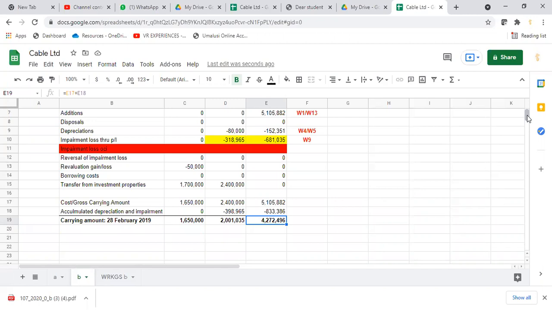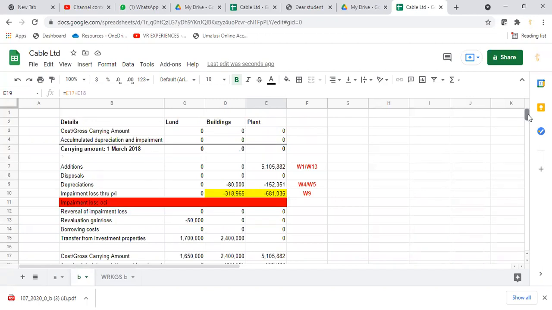When I say broad, they tested decommissioning, they tested component approach, they tested the cost of an asset at initial recognition. They tested impairment, they tested revaluation, they tested transfer, they tested borrowing costs. So they tested a lot of things, okay, but they never went deep.